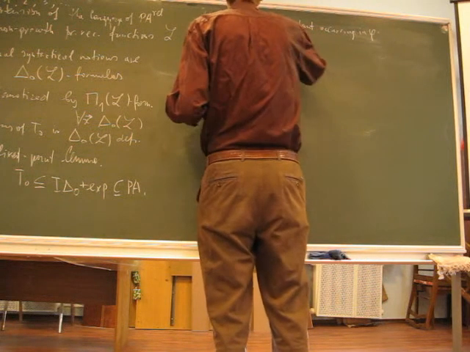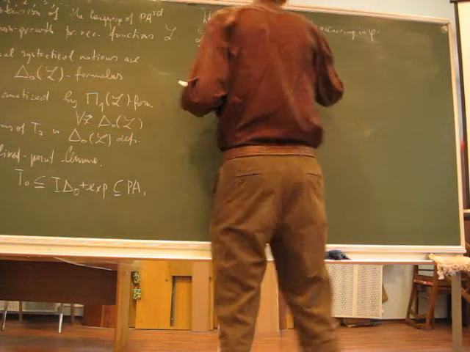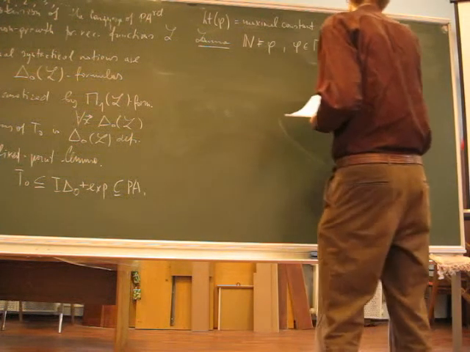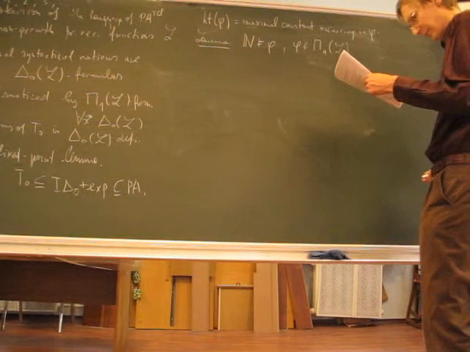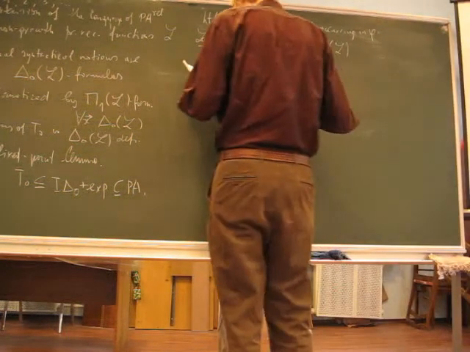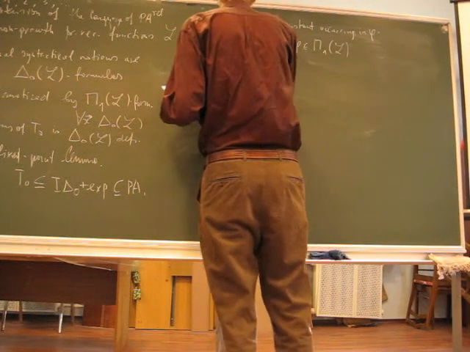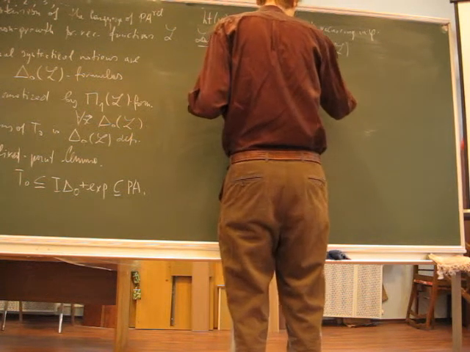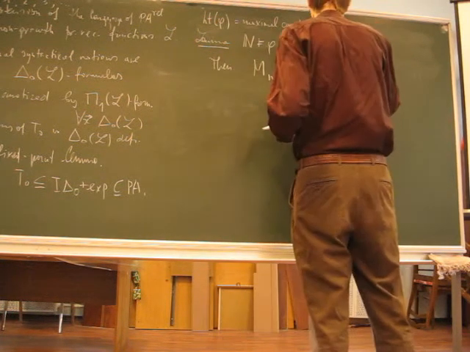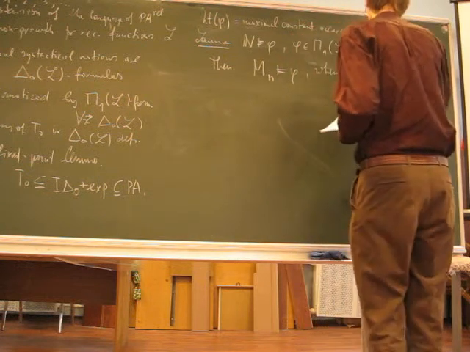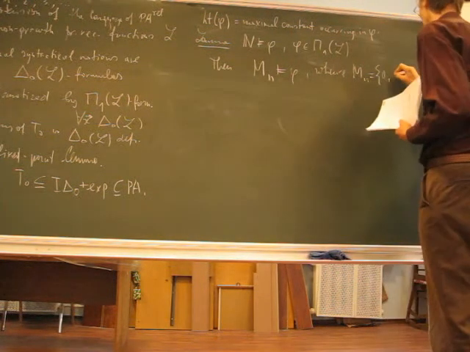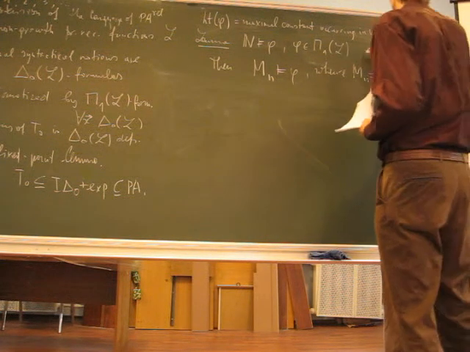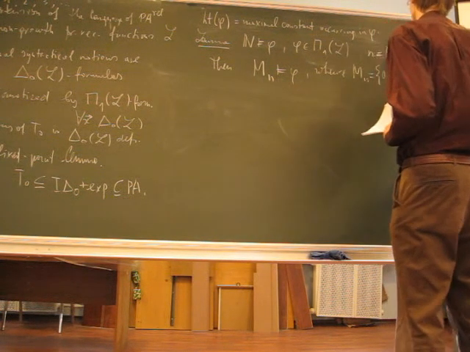If we have a formula phi of n which is true in the standard model, then phi is true in the following model Mn, where Mn is just the initial segment of natural numbers up to n, where n is the height of phi.